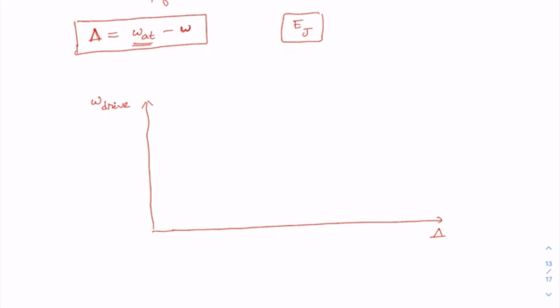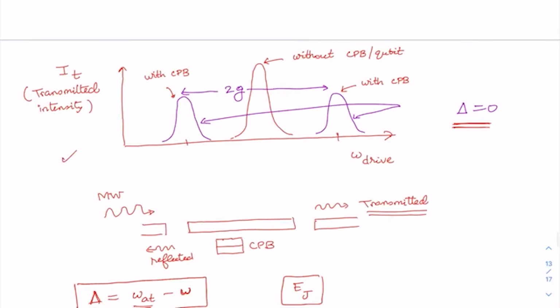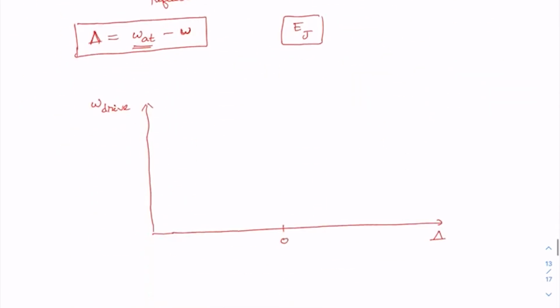Say delta equal to 0 is somewhere here. As we already know, at delta equal to 0, as you can also see from this plot, omega drive has two values and we have two peaks. So we have one peak here, and another peak here.